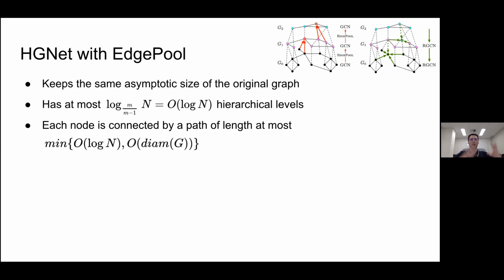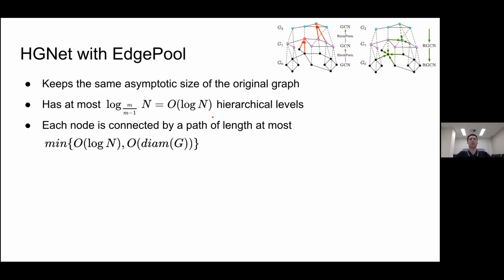So we are not blowing up the graph in some large way, and this also implies that we are expecting to have at most log n hierarchical levels.